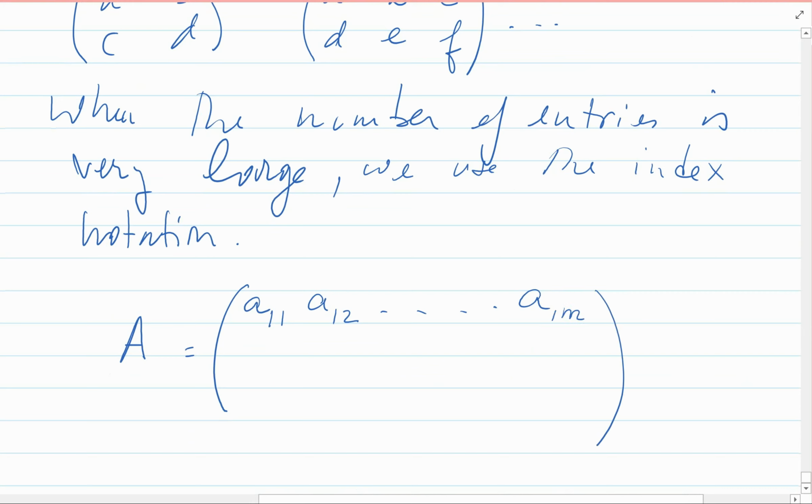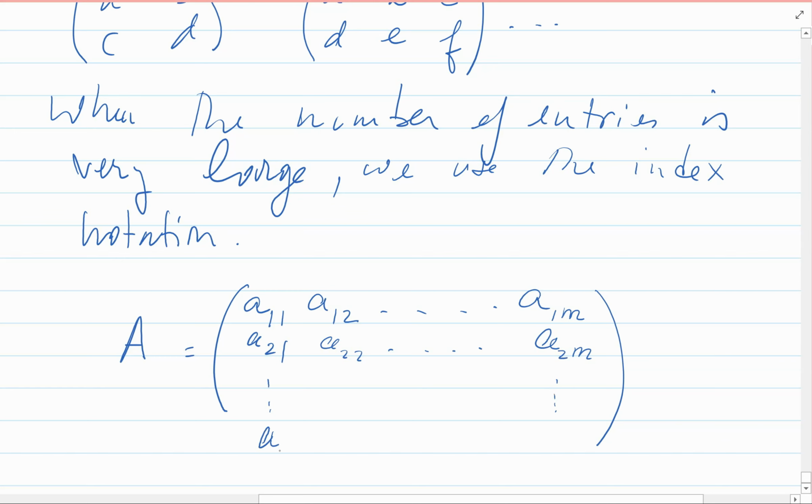The second row will be a21. So this is the first number in the second row. And a22 is the second entry in the second row, etc., till we reach a2m. Now, m columns, so the last number will be m. If we go down, how many rows did we say? n.